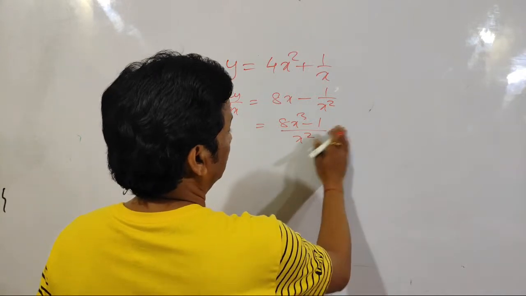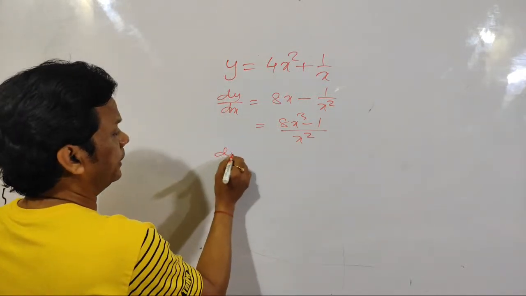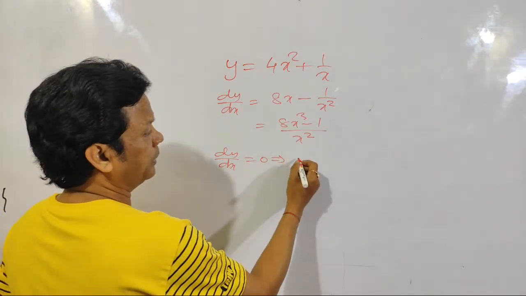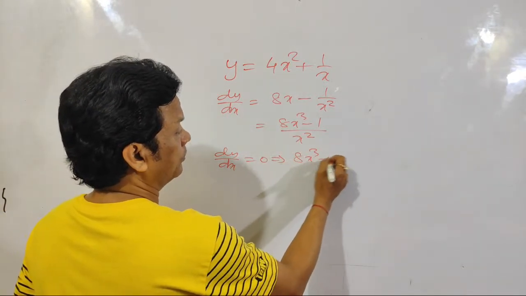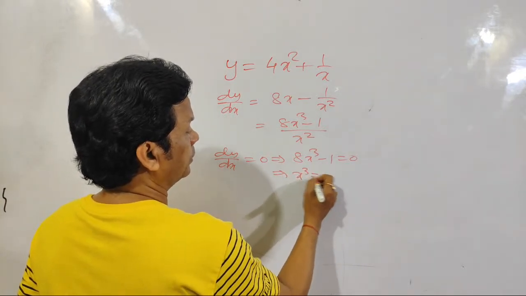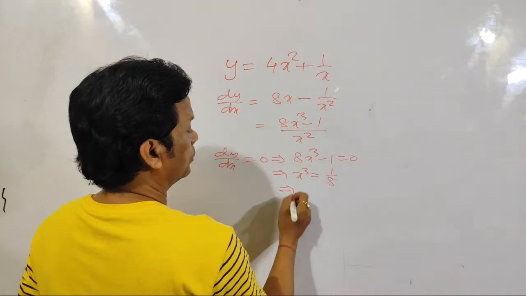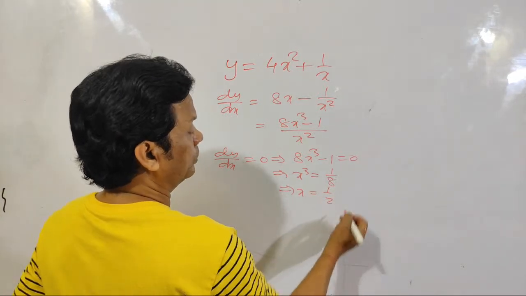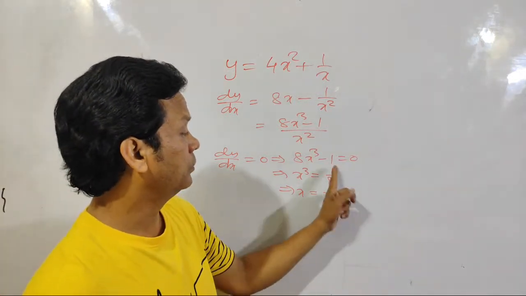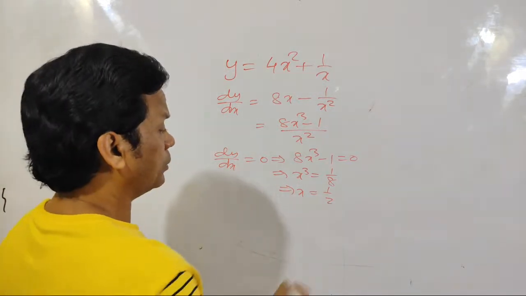And now see here, dy by dx is equal to 0. This implies the numerator will be equal to 0, 8x cube minus 1 equal to 0. That means x cube is equal to 1 by 8. So x is equal to 1 by 2 and the other 2 will be imaginary. That is why I am not taking them. Okay? So x is equal to 1 by 2.